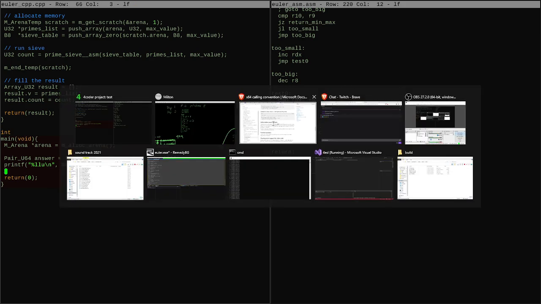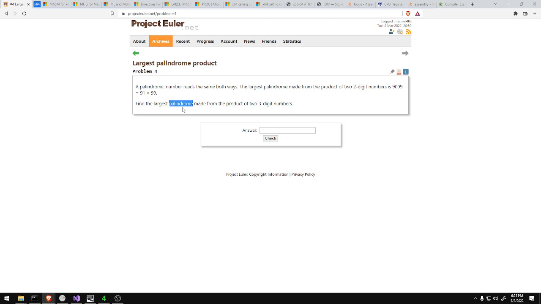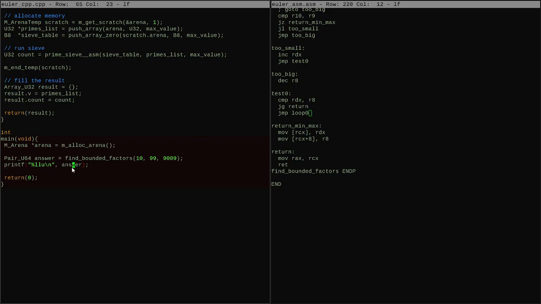So that's the example they gave us, right? Between 10 and 99, they found that 9009 could be written as 91 times 99. Now we don't really care how it gets written, we just want to see if it finds it. And then what we'll do is we'll write out the pair that it finds.